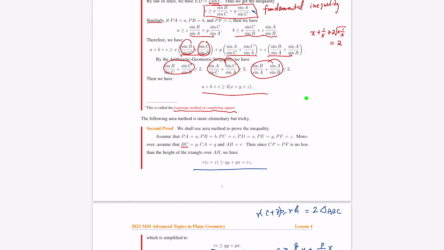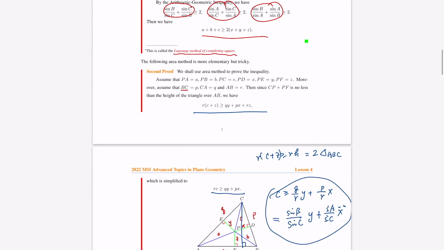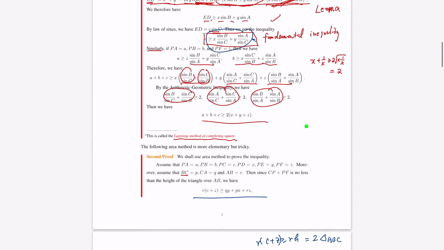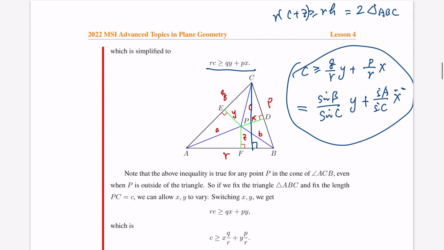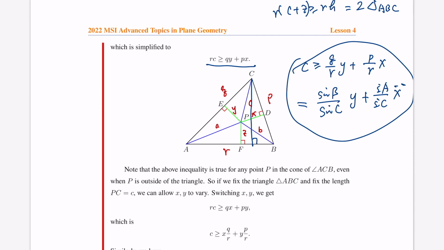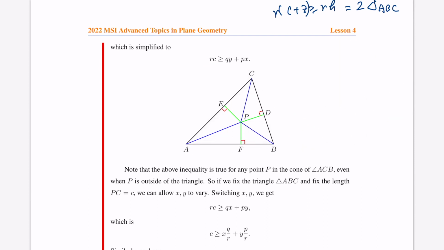Here's the trick. I will claim that if this is true, then this must be true. Let me erase all the unnecessary markups.